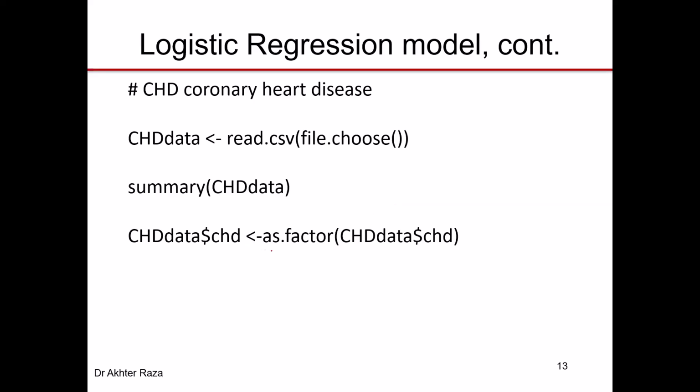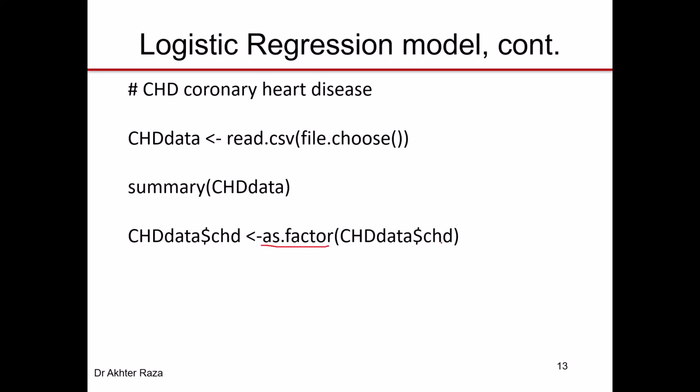So now we first have to convert the CHD variable into a factor, because the CHD variable was in character form, and before using logistic regression, your 0 and 1 or categorical variable should be converted into a factor by the as.factor command.